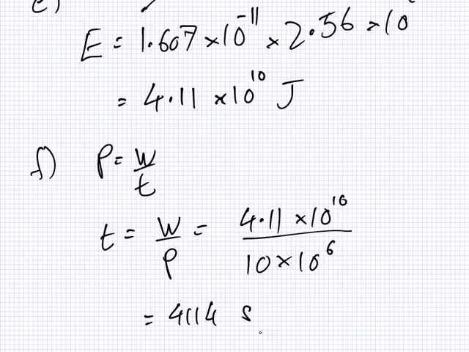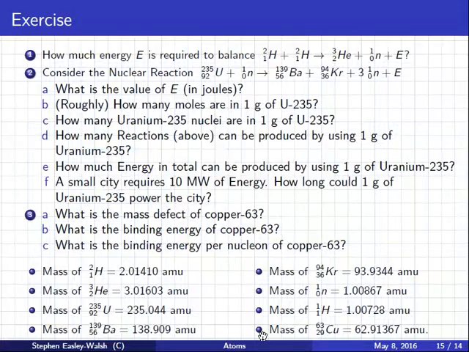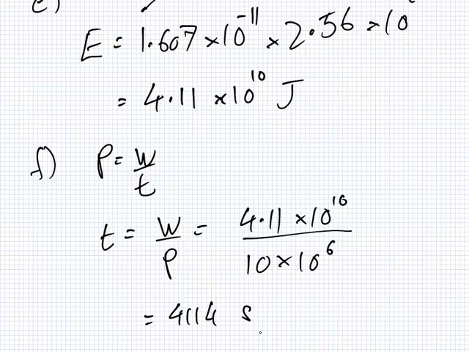Okay, next one. What is the mass defect of copper 63? Now, copper 63, how many protons and neutrons does it have? It should have about 63 nucleons. In fact, I don't have my periodic table.